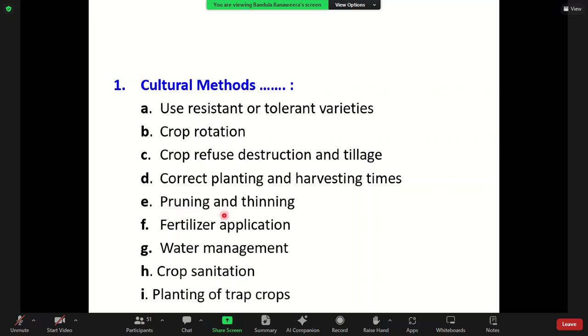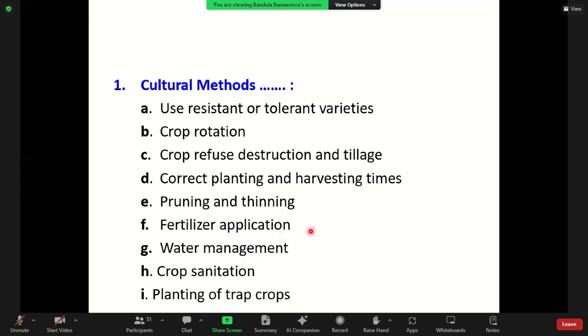In large plants, there is a possibility of removing infected or damaged plant parts by pruning. And also when the number of plants is higher, if there are any diseases, we can remove the infected plants. We name that thinning out of the plants. That means we remove the infected plants.